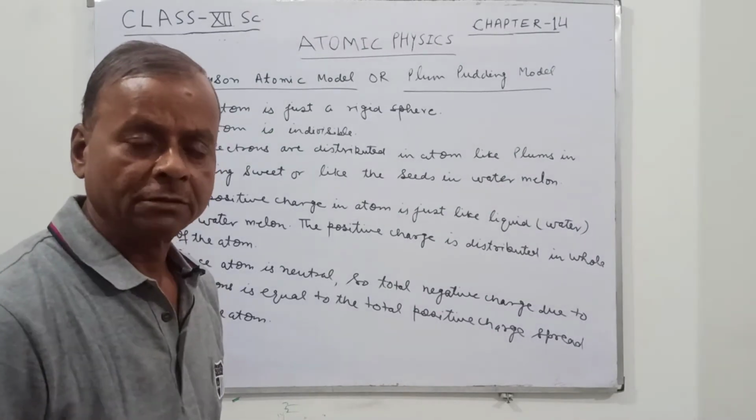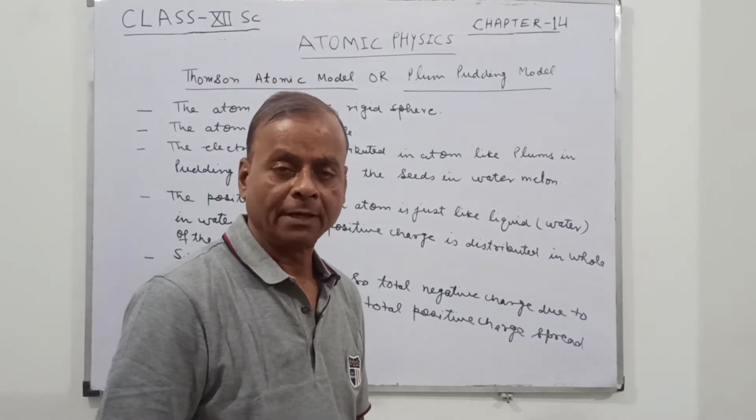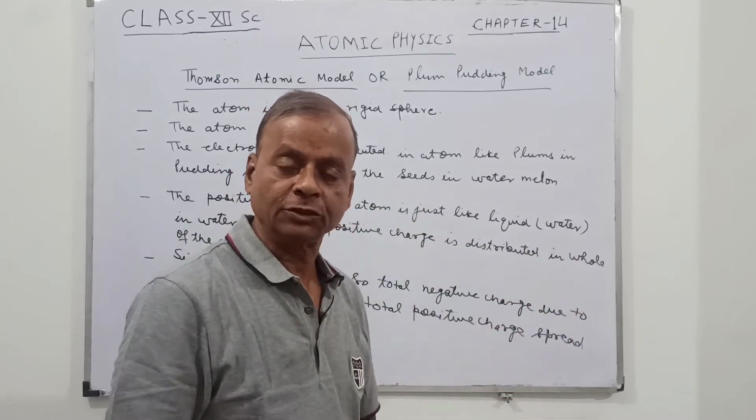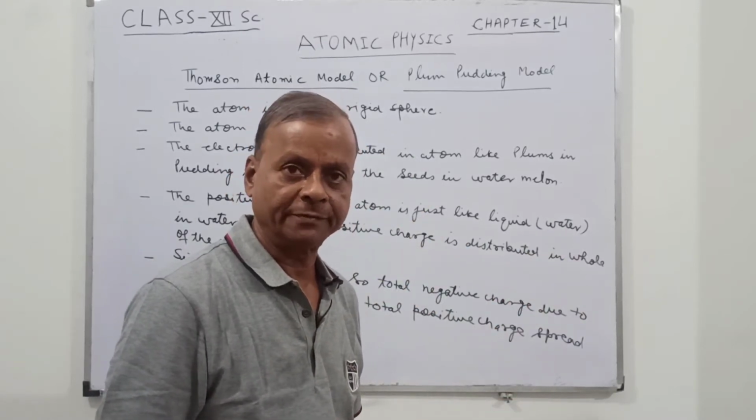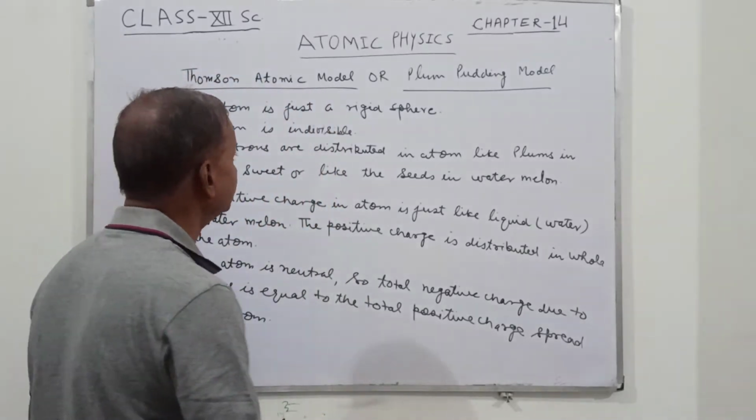It means that the electron may be anywhere inside the atom and the whole of the charge is evenly distributed inside the atom. So the model looks like this.